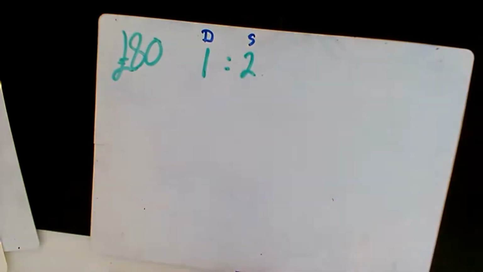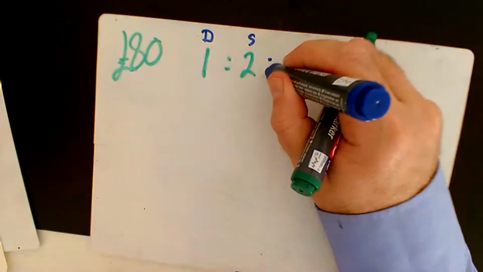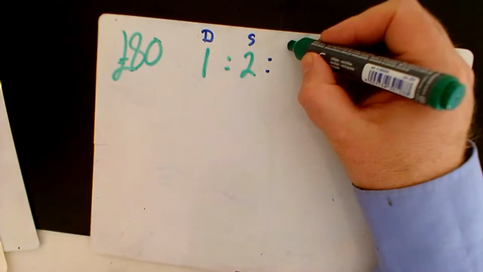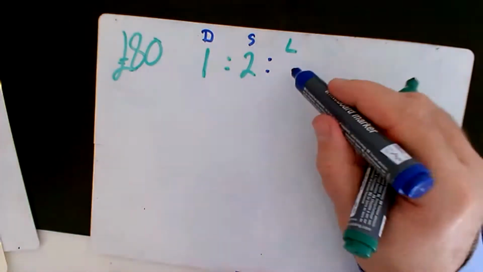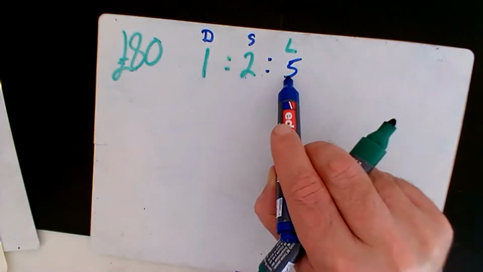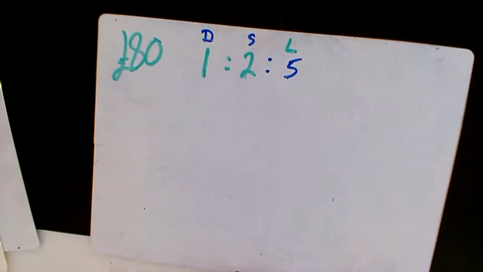So Dave only got a ratio of 1, Steve got 2, and then obviously the favorite, Leah, got a ratio of 5. So for every £1 that Dave gets, Steve gets £2 and Leah gets £5. Doesn't seem very fair to me.